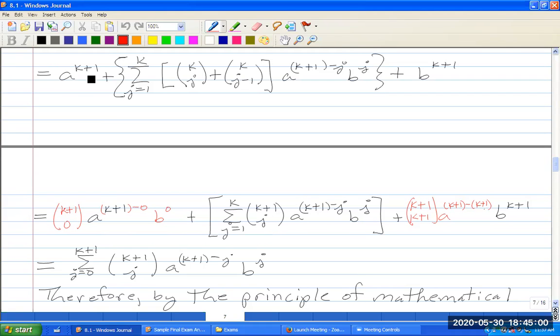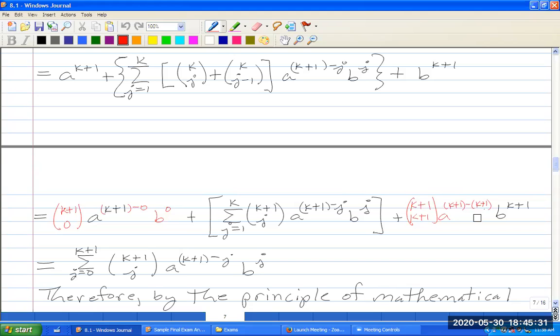Next, I know that k plus 1 C0 is 1, so I'll just write that as a 1 here. I know subtracting 0 from anything won't change anything, and then I know that b to the 0 is 1. Next, for this last term, k plus 1 C k plus 1 is just 1, so I can write that in front, not do anything. k plus 1 minus k plus 1 is 0. a to the 0 is 1, so I can write this out in front.